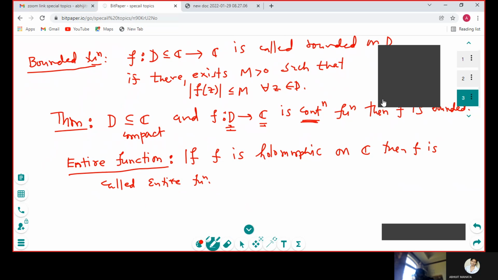If you have a holomorphic function, this means you have a complex valued function from C to C, domain is C, and at every point of C the function is differentiable. Then you call it an entire function.